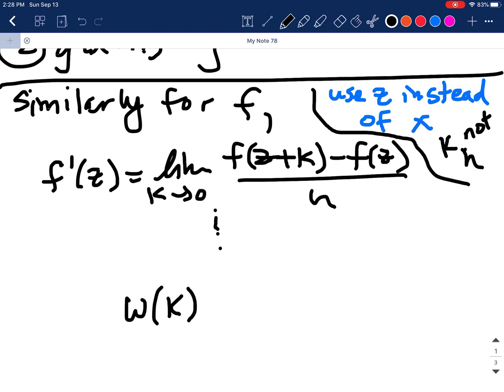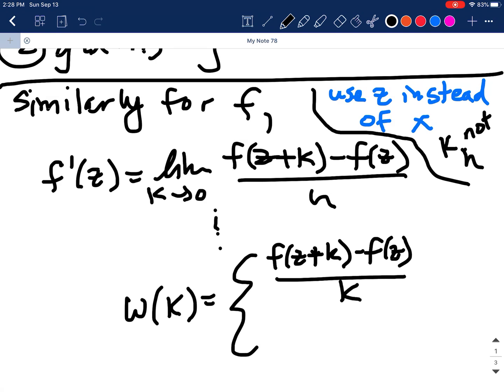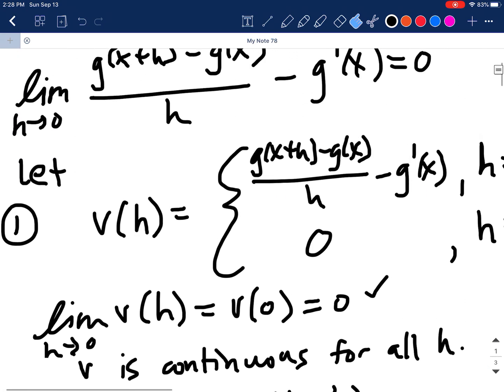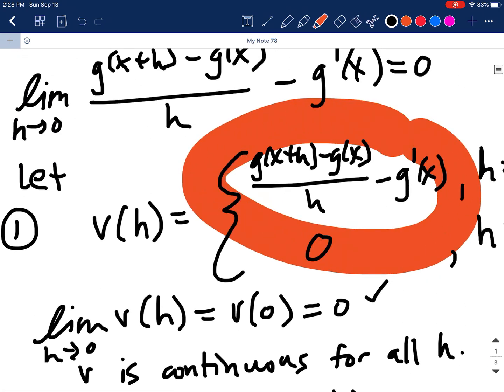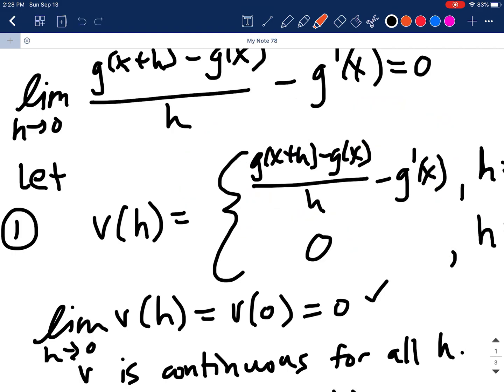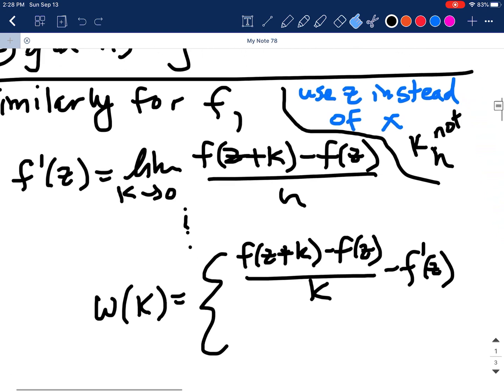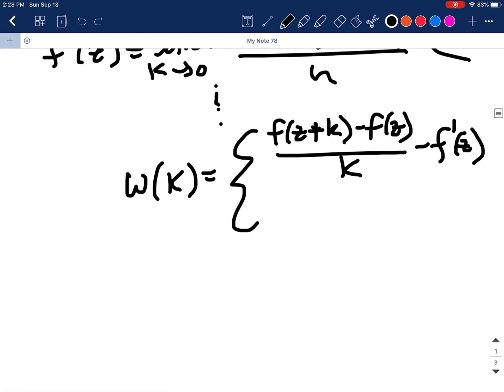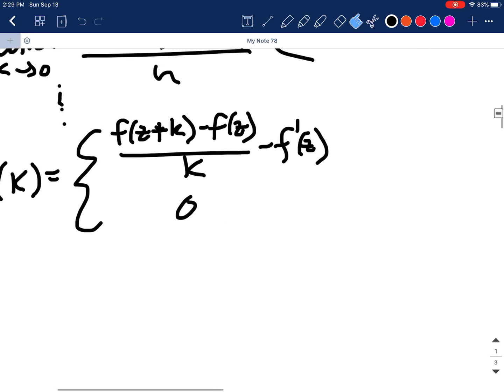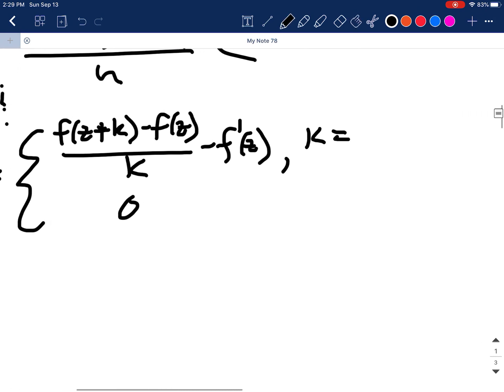So then I'm going to define this function w of k exactly how we did it for g, but now we're using f, of course. So we'll have f of z plus k minus f of z all over k, so that's our derivative, minus f prime of z. Again, I'm skipping those steps because it would be the exact same expression that we derived using g, only now instead of g prime, it's f prime. So we've got w of k, and then 0, for k not 0 and k equal to 0.